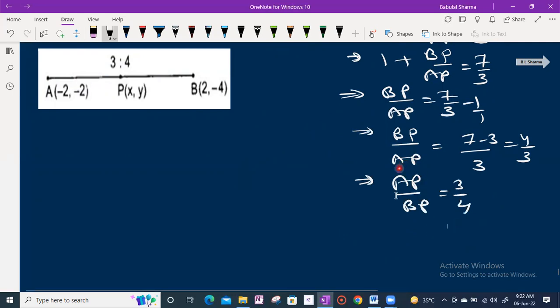अब हमें AP upon BP चाहिए था, तो इसका भी रेसिप्रोकल लिया और इसका भी हमने रेसिप्रोकल लिया.